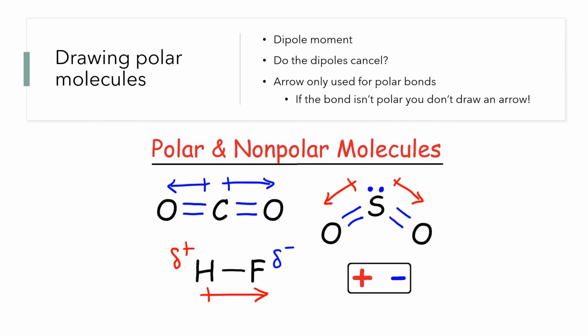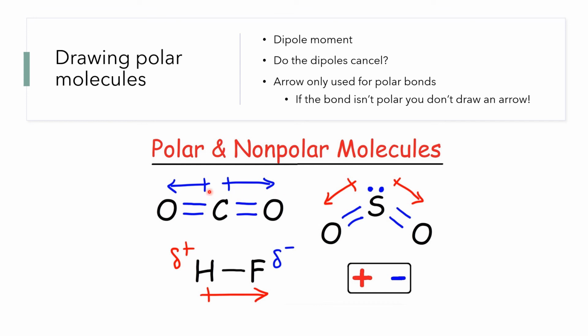So when you draw polar molecules, a lot of times you're going to have to draw which way the electrons like to go. And you use an arrow for this. And you only use the arrow if it is a polar bond. If it's not a polar bond, you don't draw any arrows. It's these silly looking arrows with the lines at the back.